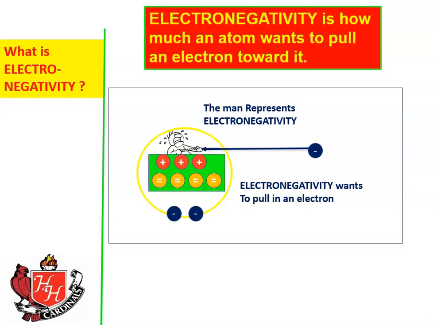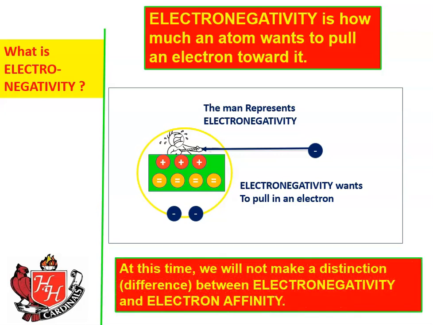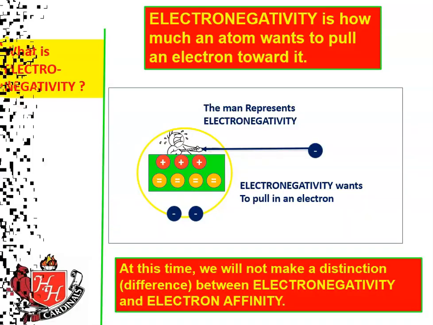Electronegativity, on the other hand, is how much an atom wants to pull in somebody else's electron. At this time, we're not going to make a difference between electronegativity and electron affinity, but we'll get into those 2 terms later. We're just going to use the term electronegativity.